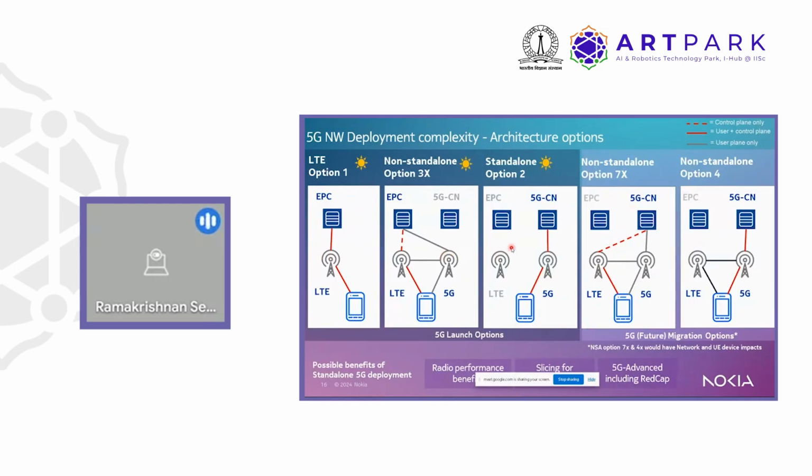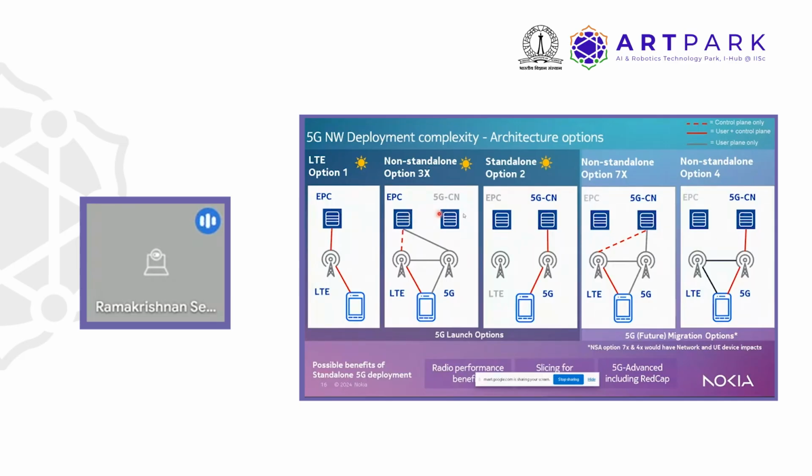Right. But having said that, there was also an evolution option or a migration option for the future, wherein, for instance, on the left-hand side, in option 3X, you see that EPC is still the core network. So assuming that once 5G is offered, the subscription has gone up, and the existing EPC is not able to hold on to the existing subscriptions, they require a new migration on the core network.